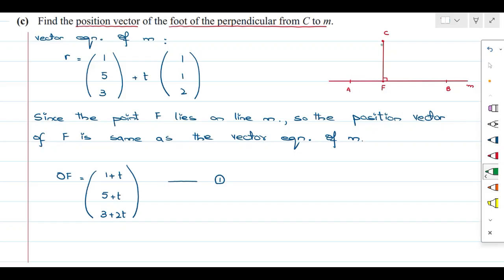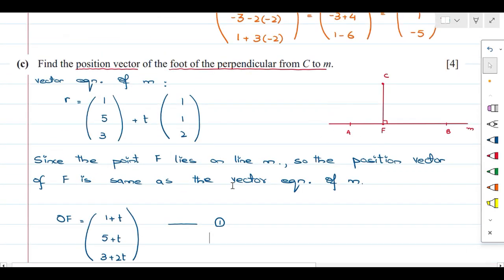Now we have to use the concept of perpendicular. When two lines are perpendicular, we have to take the concept of gradients or the slopes of those lines. But in vectors, the gradient is basically the direction vector, right? So, since two lines are perpendicular, it means the direction vector of CF and the direction vector of AB are perpendicular.